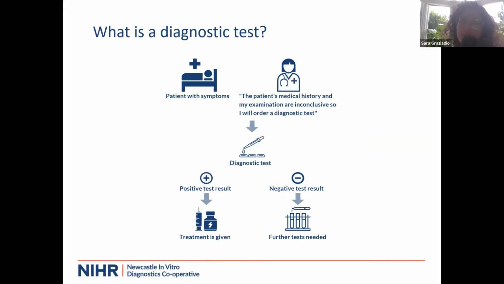You've got patients with symptoms, the doctor doesn't know what's wrong with the patient, and then there is a diagnostic test. If the result is positive, then you've got a treatment, but if it's negative, then it may be that there is nothing particularly wrong with the patient, but if symptoms persist, then you need to repeat the test.